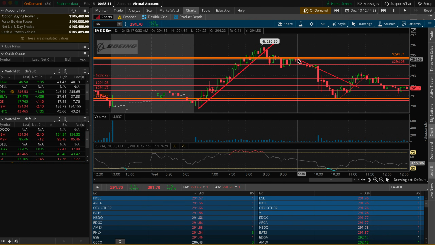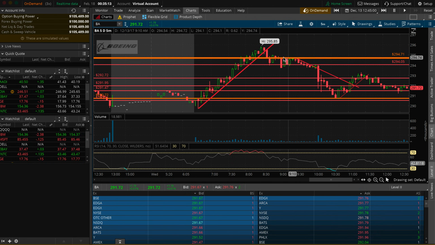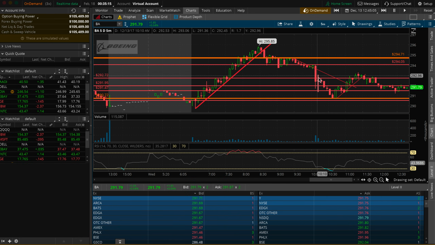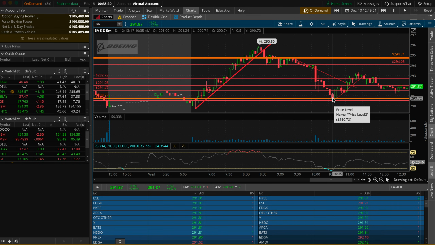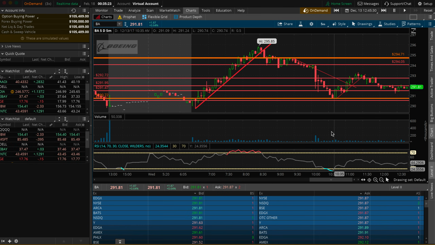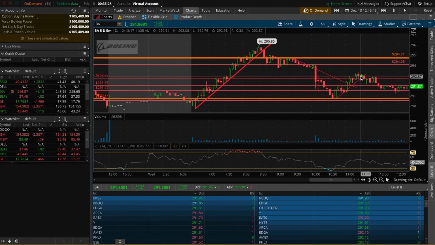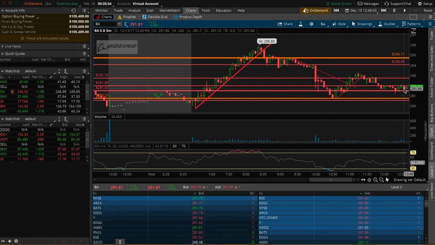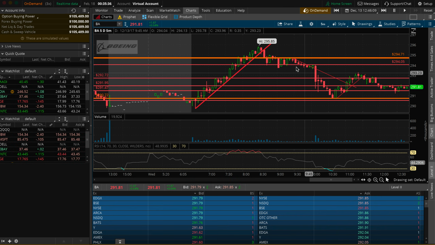So it couldn't break through that major resistance, and we switched to the put side, made some money all the way down, and then we knew this major support and the oversold RSI was going to have a bounce. We bounced up, made some money, sold here, and then it started going to the downside. That is a beautiful day. And that is an example of how you use price action.